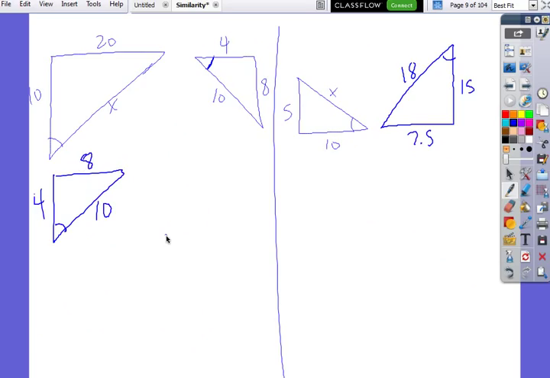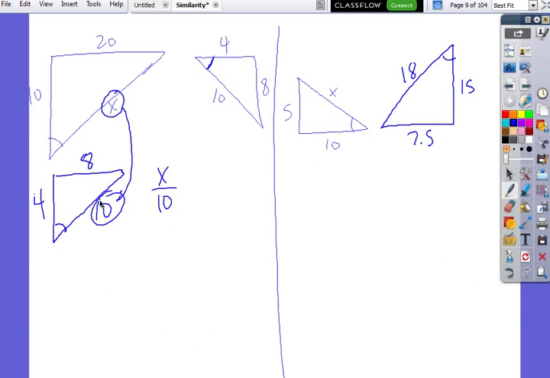All right, so I've rotated my triangle to make it look the same. Which one do I have to have in there? The x has to be in there, so I'm going to do that one first. X matches up with the 10 in the second triangle. This one corresponds to that. After that, I can pick either of the other pairs that work.